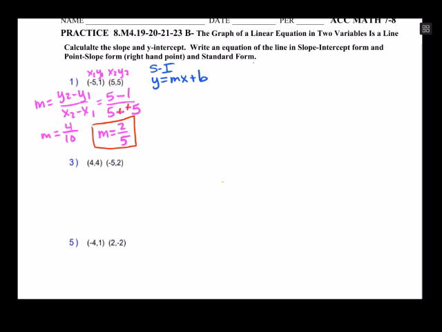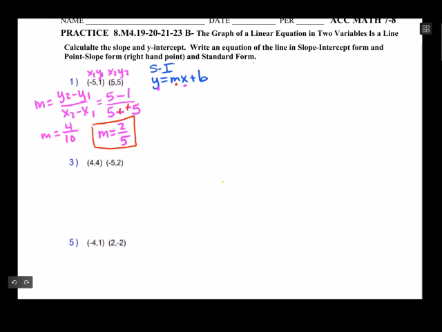So now we do not know our y-intercept. We are going to be following the examples in your handout under the heading writing slope-intercept form with an unknown b. So we don't know b, but what do we know? We know a slope and we know a point, a y value and an x value.